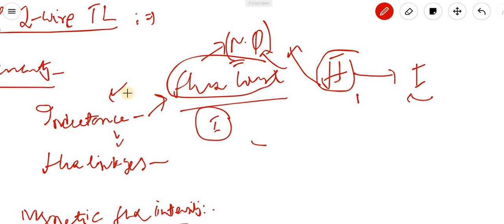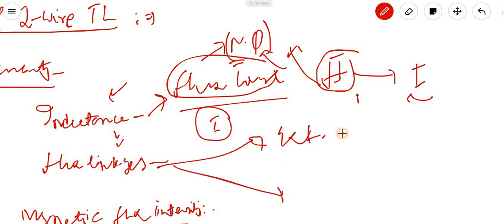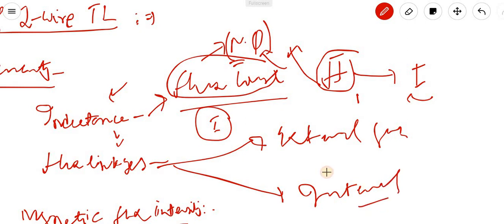Before going to the flux linkage, there are two types of flux linkage: one is external flux linkage, and another is internal flux linkage. What is the meaning of that?